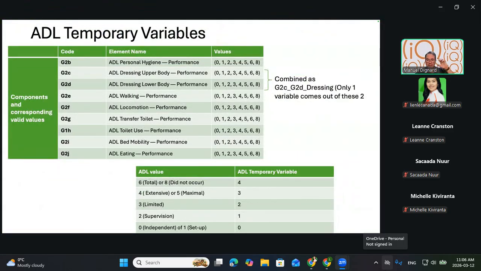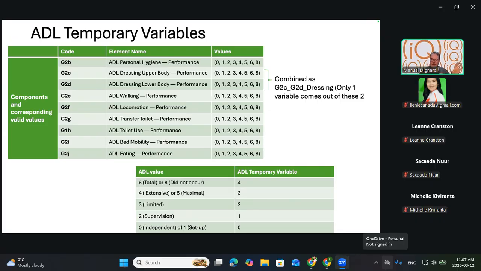But before we dive into the ADL improvement indicators, we're going to understand they're using again those temporary values, right?